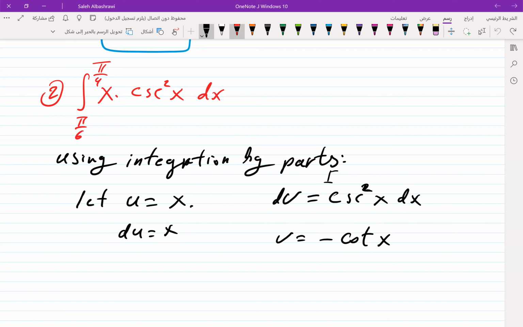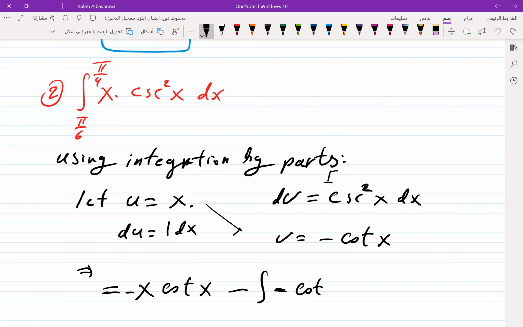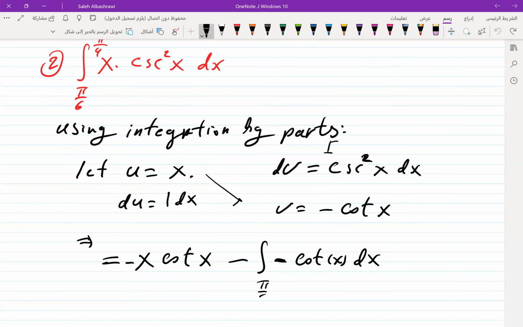Now the integration is equal to u multiplied by v, so this is minus x multiplied by cotangent of x, minus the integration of v du, with du equal to 1 dx, minus cotangent of x times dx, with the limits from pi over 6 to pi over 4.